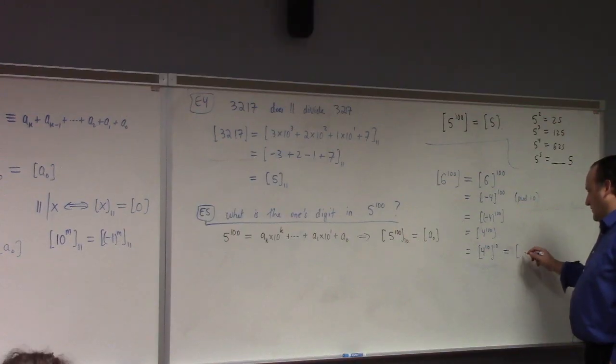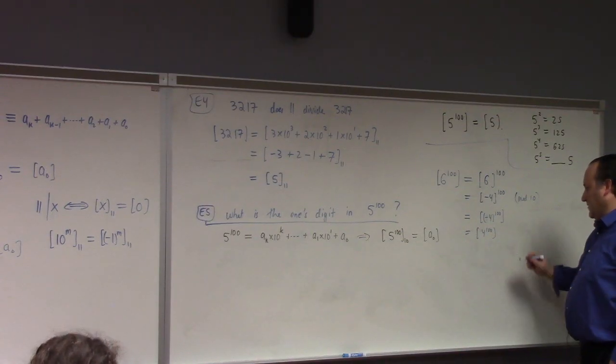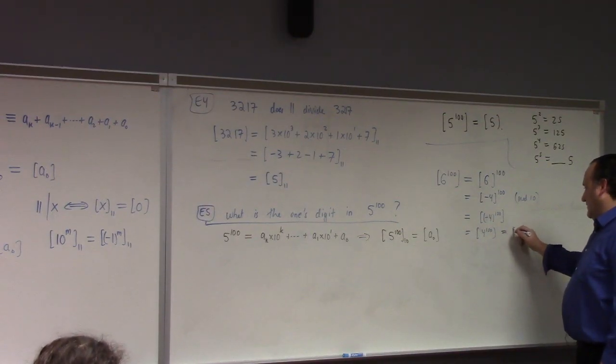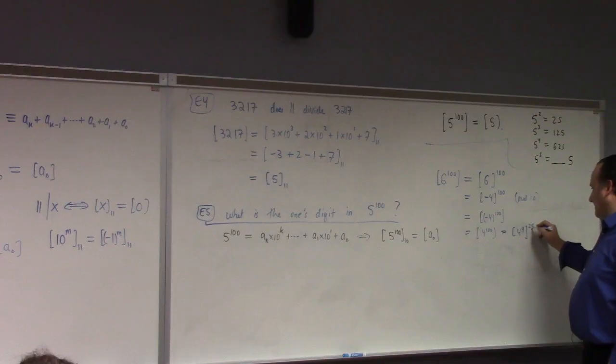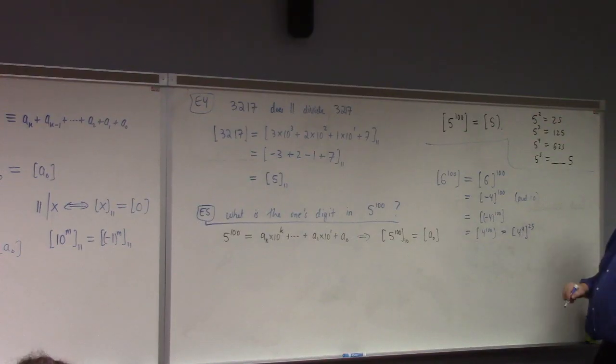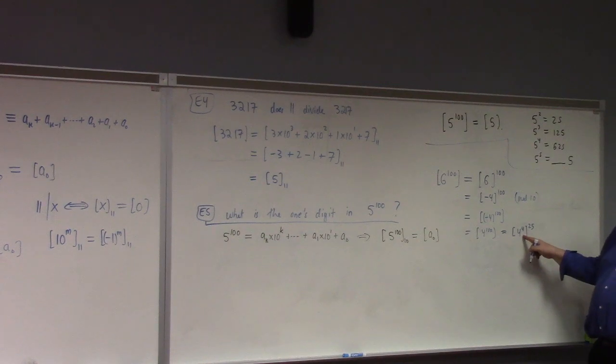Let me make it smaller here. I'm sorry, guys. I'm running out of board space if I'm not careful. What if I did something relatively simple, like 4 to the 4 to the 25, right? I could do that, yeah? Because 4 times 25 is 100. 4 to the 4 is what?